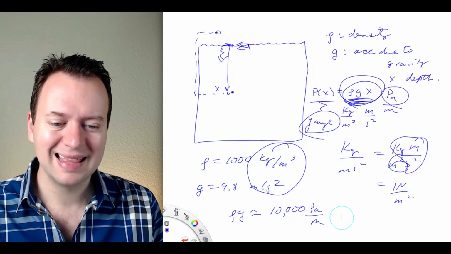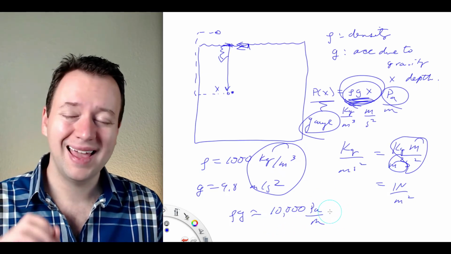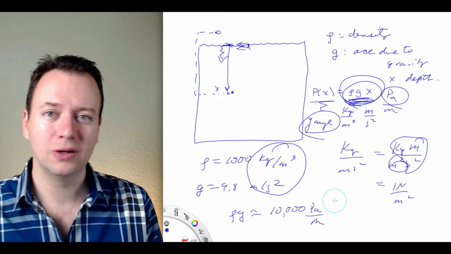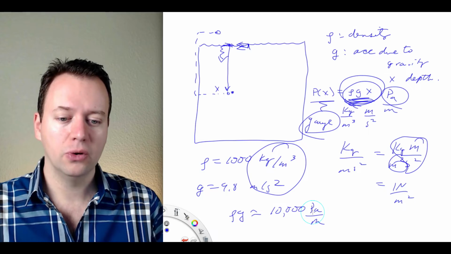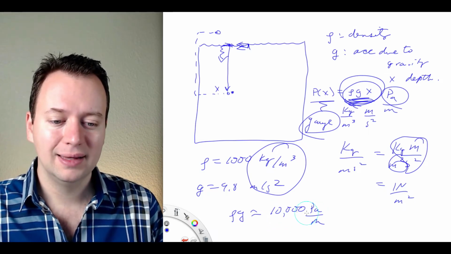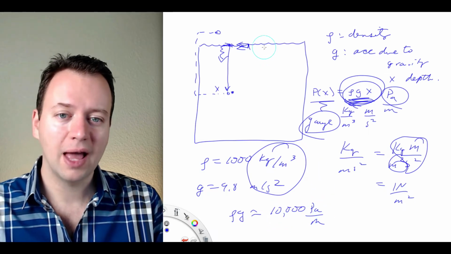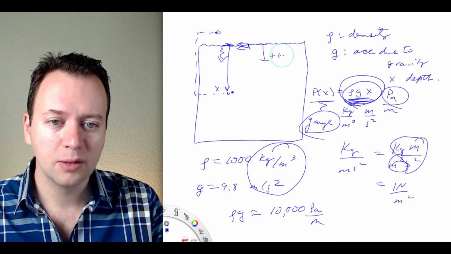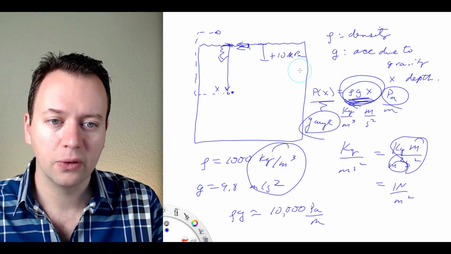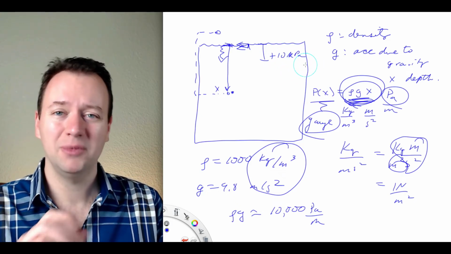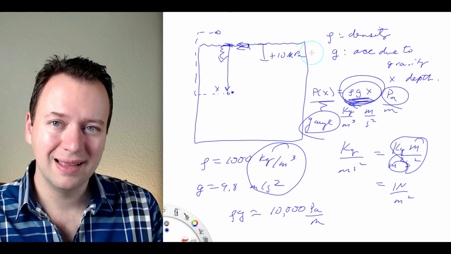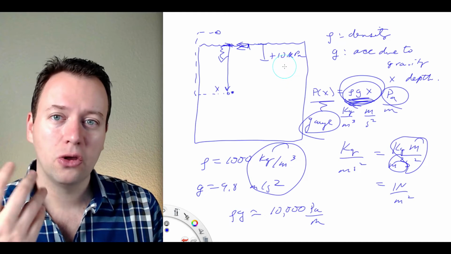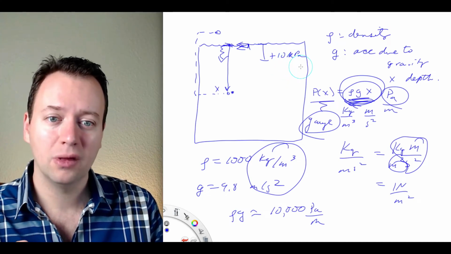So approximately 10,000 pascals per meter, meaning that every meter increase in your depth, the pressure of the water acting on you will increase by 10 kilopascals. So every time you go down 1 meter in depth, it's a plus 10 kilopascal increase of pressure. Now, since standard atmosphere is 100 kilopascals, each meter dive in depth, you're gaining approximately 1/10 of the atmosphere.